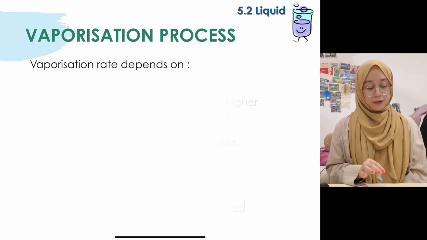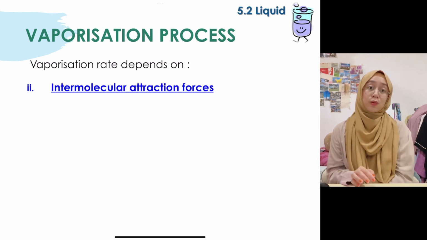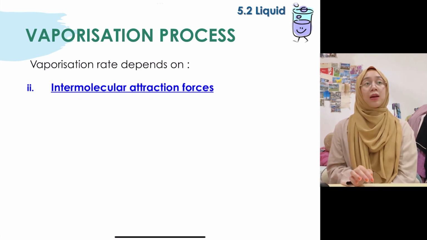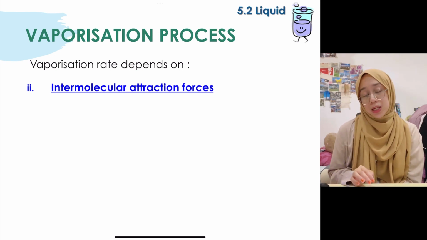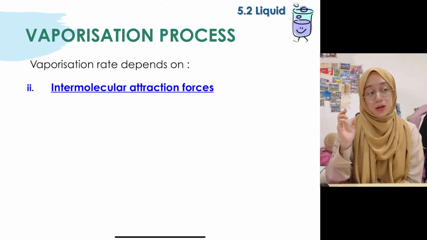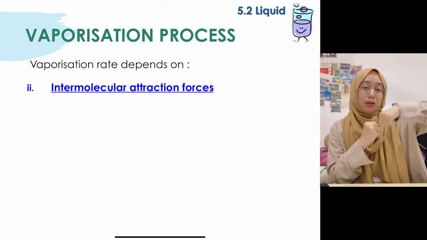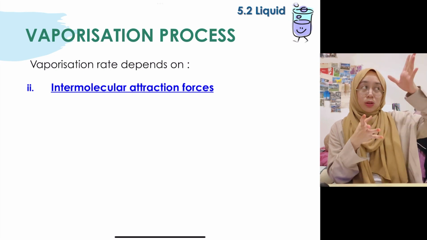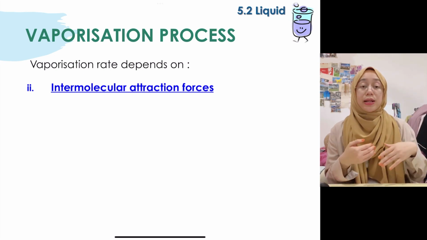Okay, the second factor pula, it is the intermolecular attraction forces. So what do you think happens to liquid particles that have strong intermolecular forces? Do you think it vaporizes easily ataupun tak? So strong attraction forces bermaksud dia kuat kan, so susah untuk dia lepaskan. Okay, so strong intermolecular forces meaning lower vaporization.